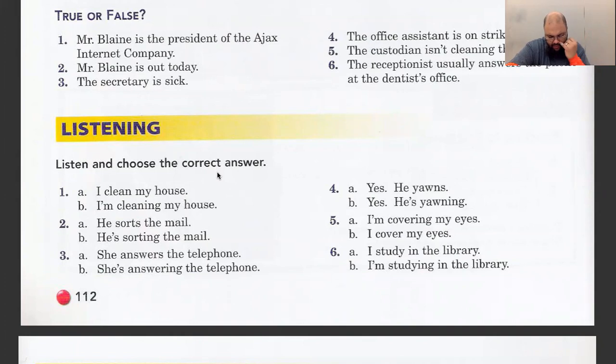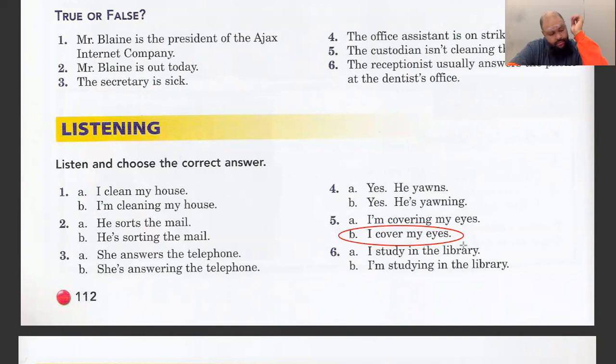Number five. What do you do when you're scared? What do you do when you're scared? A or B? I think my allergies are kicking in. I cover my eyes.